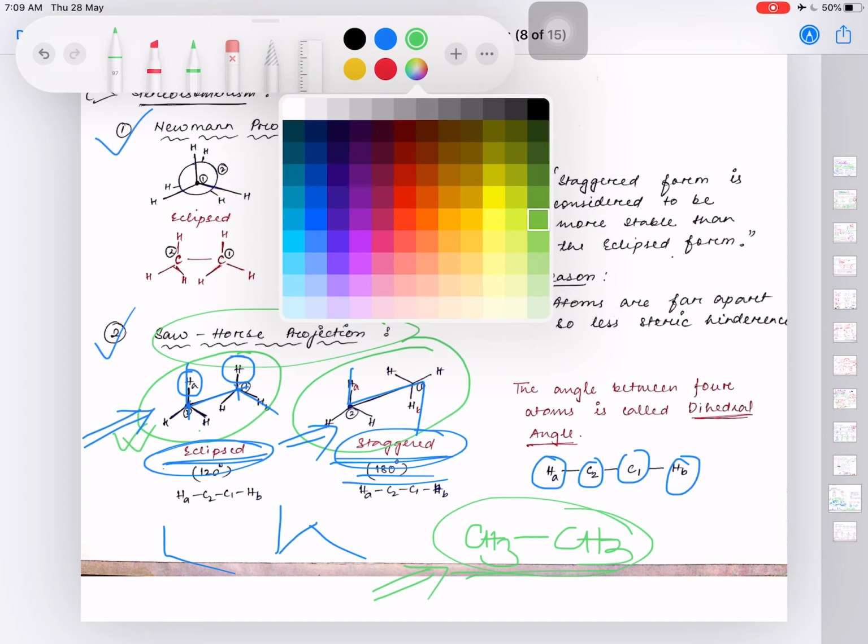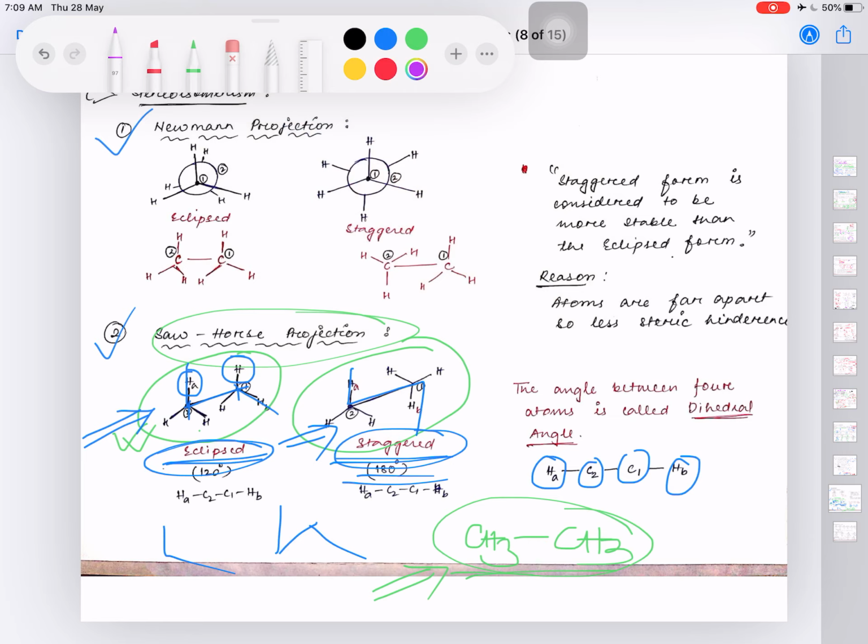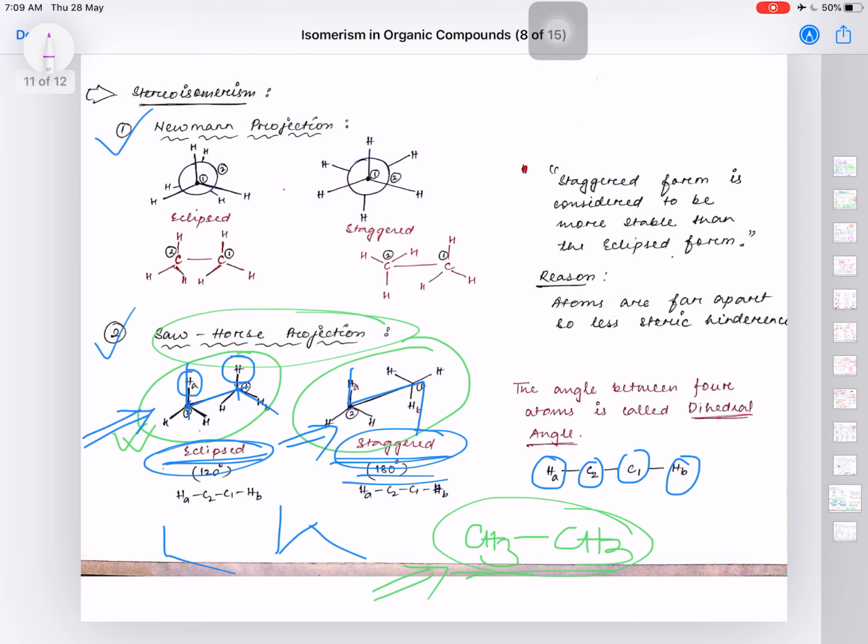In the second formula we have the Newman projection. The Newman projection formula is very important from the exam point of view. In this projection formula, we represent the front carbon with a dot and the backside carbon with a circle. It is also of two types, eclipsed and staggered.